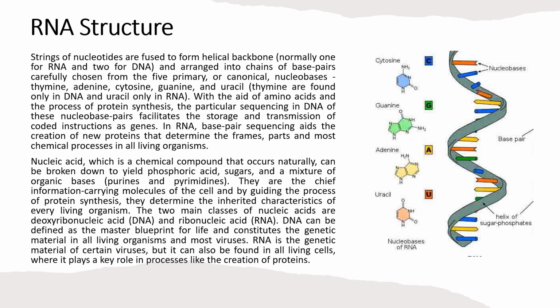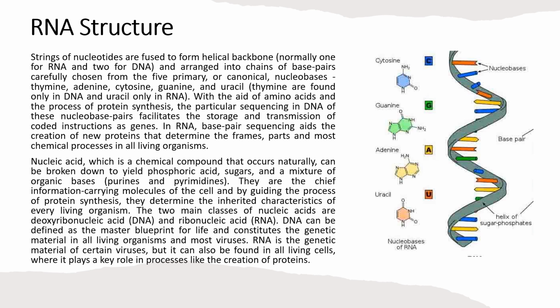Thymine is found only in DNA and uracil only in RNA. With the aid of amino acids and the process of protein synthesis, the particular sequencing in DNA of these nucleobase pairs facilitates the storage and transmission of coded instructions as genes.